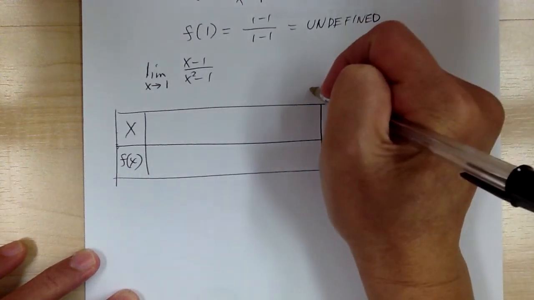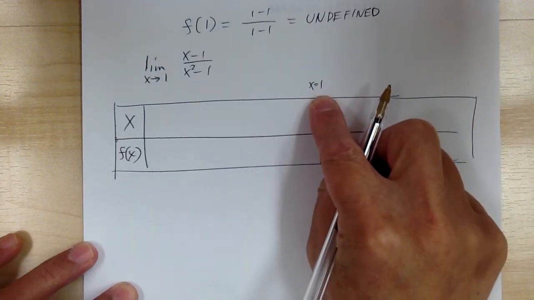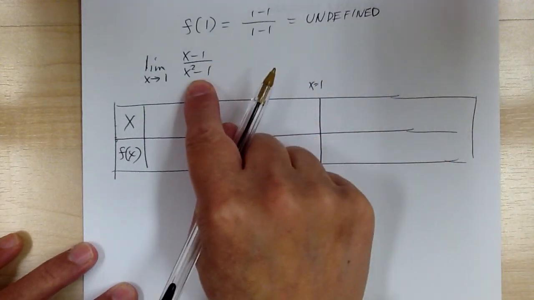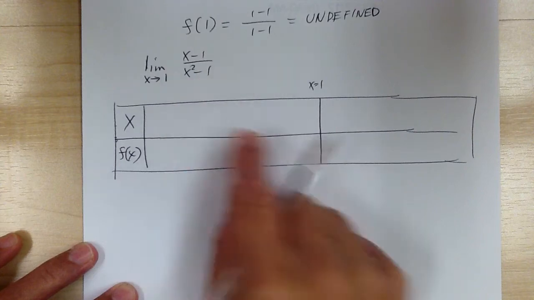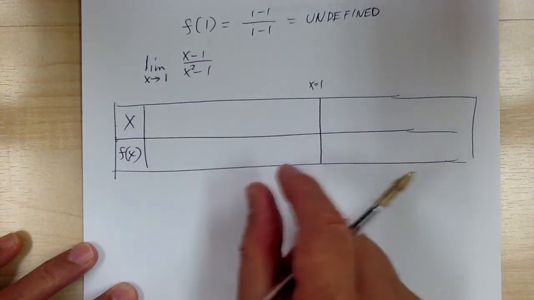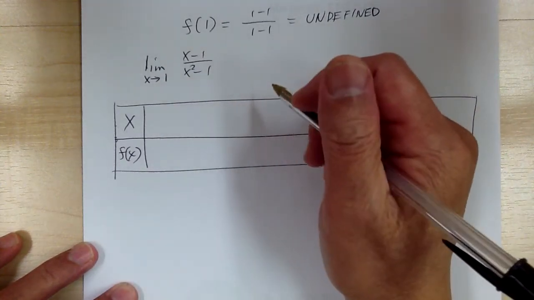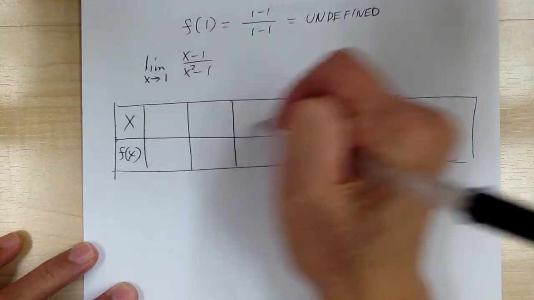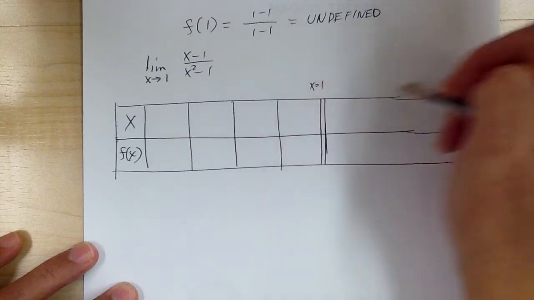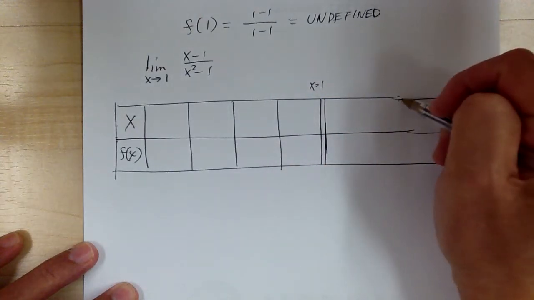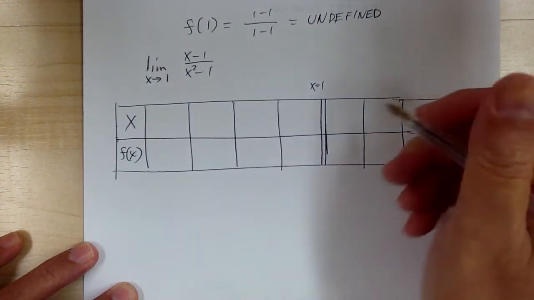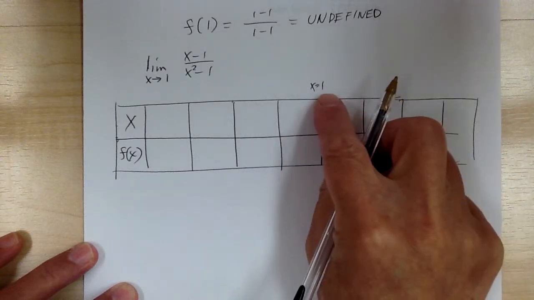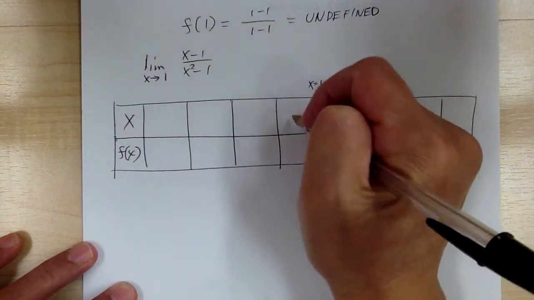This is when x equals 1, which you cannot allow, because when you put 1 in here, it's going to give you undefined. So you want to get closer and closer, and usually four decimal places is close enough. You want to start from the middle and go out from both sides. That way you don't make a mistake. So you want to get as close to 1 as possible.